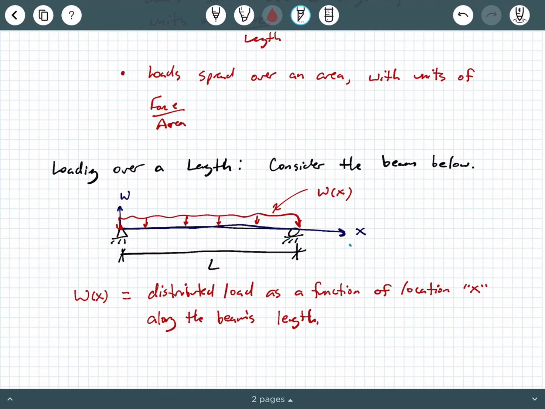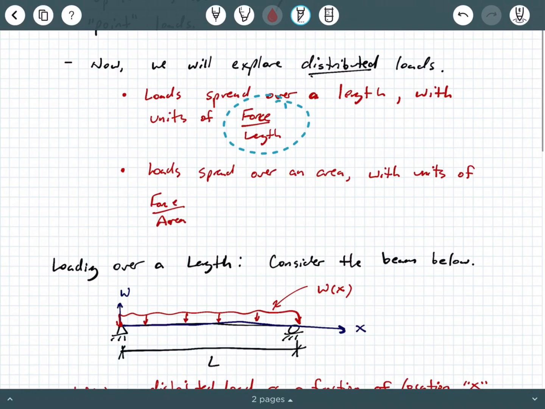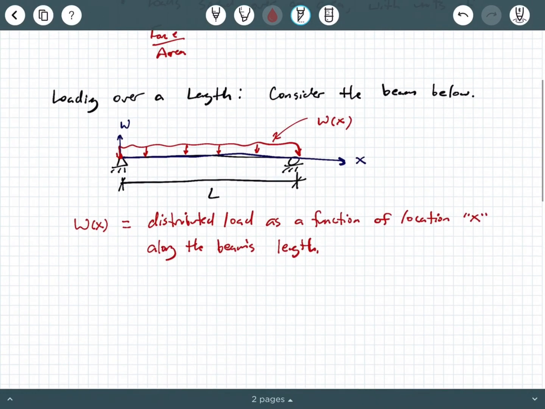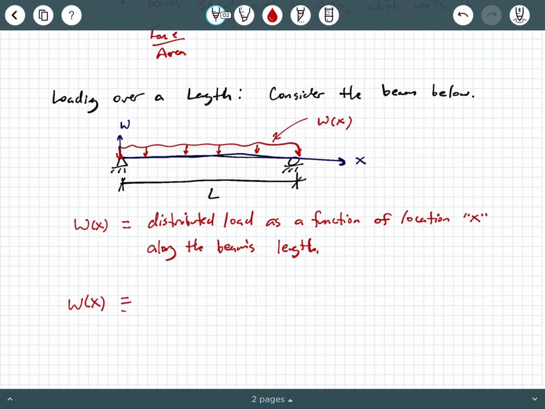Okay, so then the question becomes, what is the total load on the beam? Okay, so here we have this load W that's got units of force over length. So I'll even make a note here. I can say W is a function of X, has units of force over length.